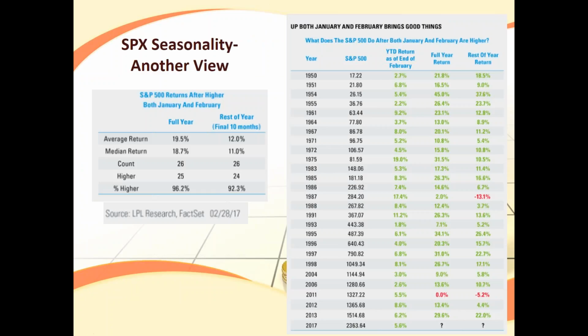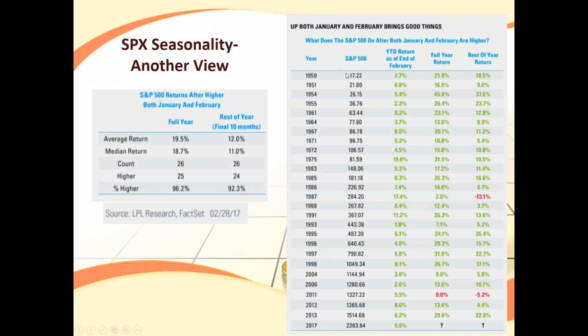So here is the chart. This is another view of seasonality. This is the information that Michael Bishop provided before today's session that I wanted to share with people. What does the S&P do after both January and February are higher? Here are the years where that was in fact the case, going all the way back to 1950.